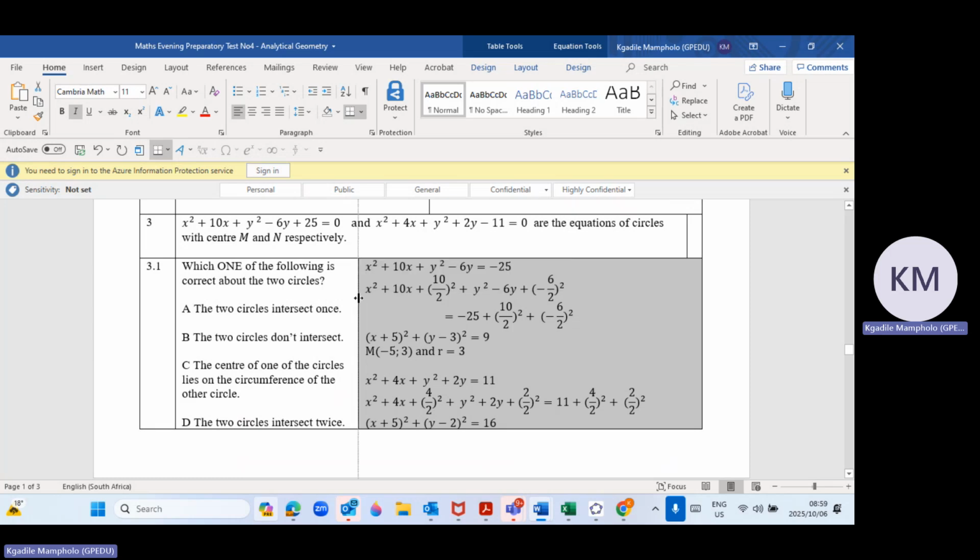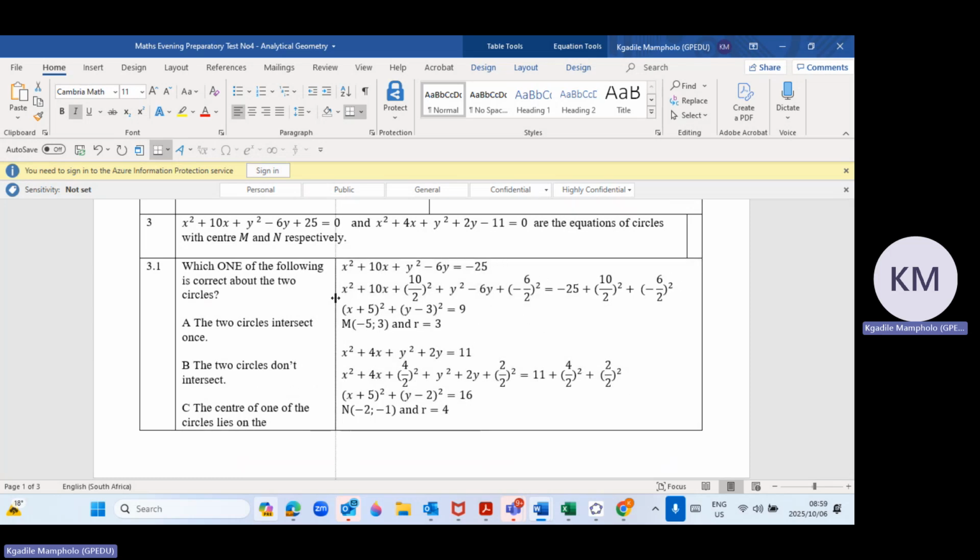Now you see, you complete the square here, say plus 10 over 2 all squared. Here you say plus minus 6 over 2 squared. But remember, whatever you do on the left, you also do on the right. So obviously 25 will go this side, will be negative.